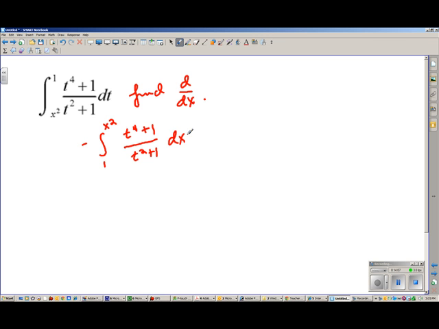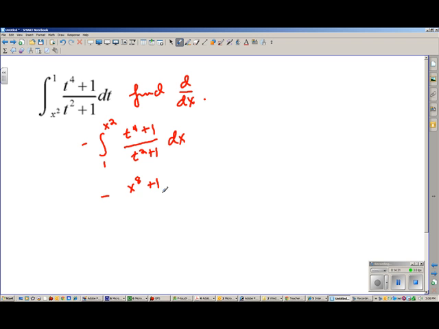Now, if we take the derivative of that, the derivative of that is going to be the opposite of, and it's 1 to whatever, so the whatever is going to be raised to the 4th. In this case, it's x squared. If we raise it to the 4th, it'll end up being x to the 8th plus 1.